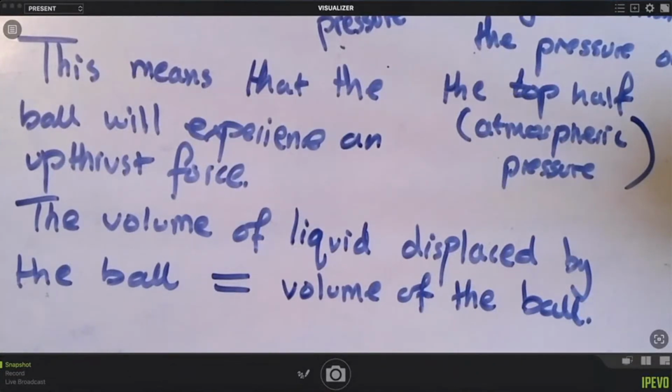However, the next thing we need to mention is because the water is denser than air, okay, the weight of the liquid displaced will be greater than the weight of the ball itself. Okay, so let's write that down.